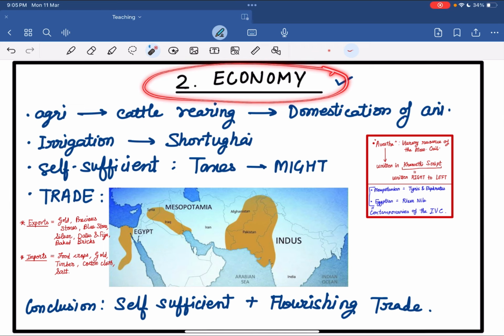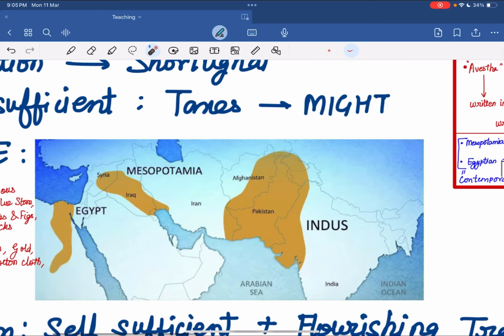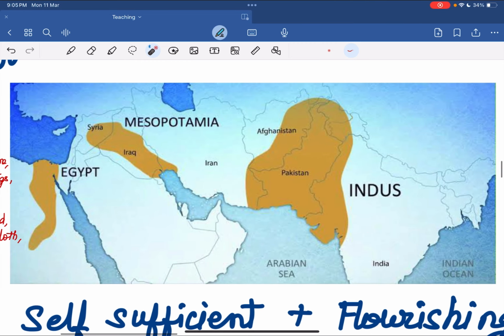Now, when we talk about economy, trade also comes into existence, and for trade, you'll have to understand one thing very carefully. So we'll have to look at the map. When the IVC existed, there were two contemporaries of IVC. One was the Mesopotamian civilization, which came to life because of two prominent rivers, Euphrates and Tigris.